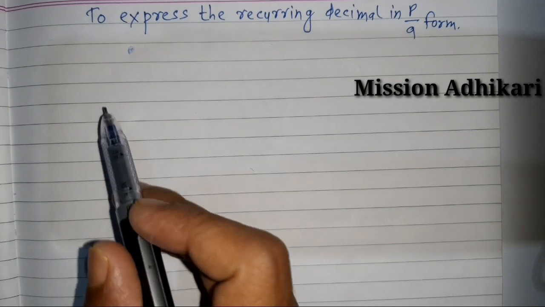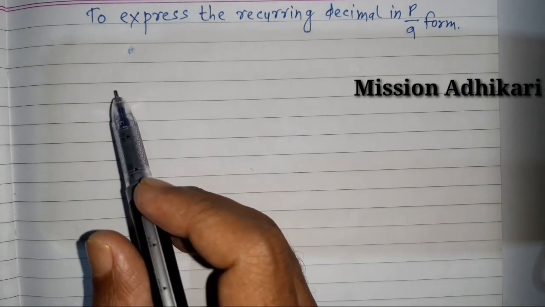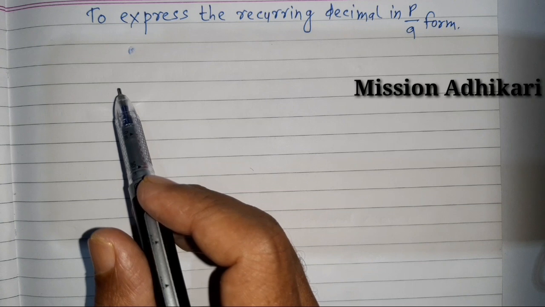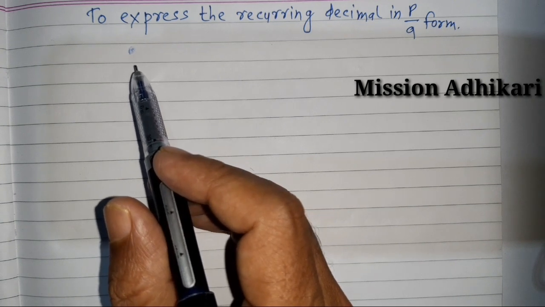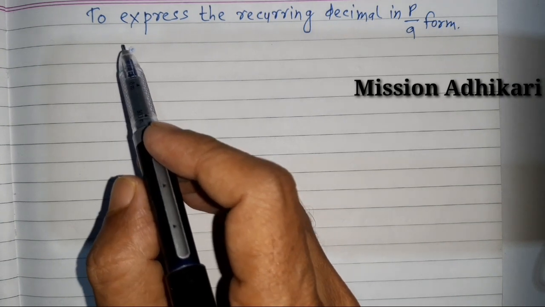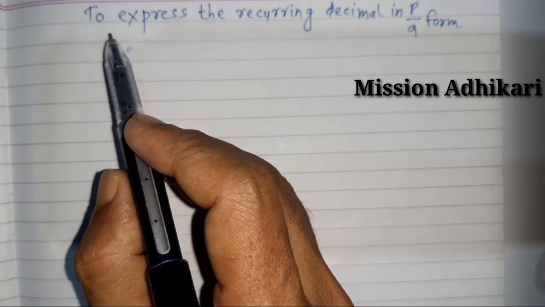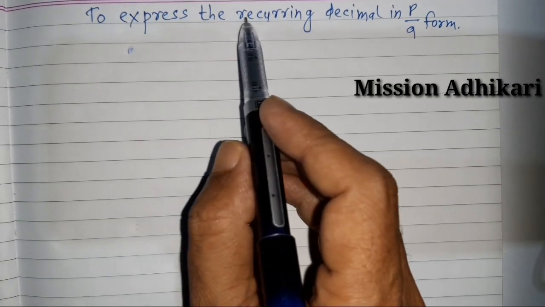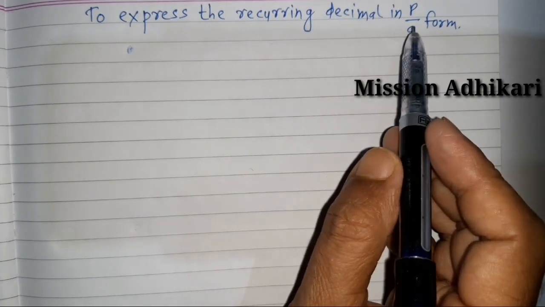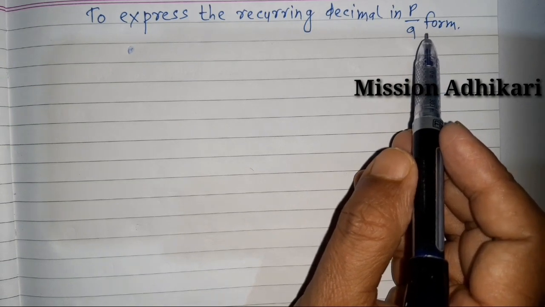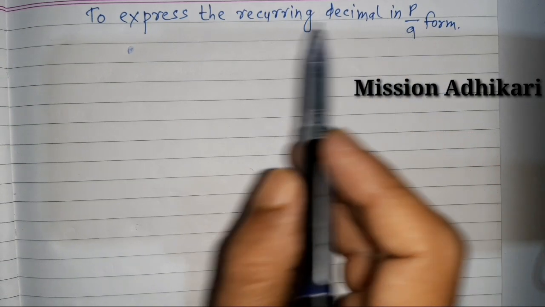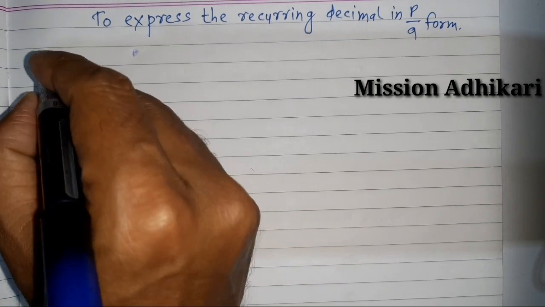Hello friends, after the decimal form of a rational number, we come to know how to express the recurring decimal in p upon q form. Let us take an example for that.